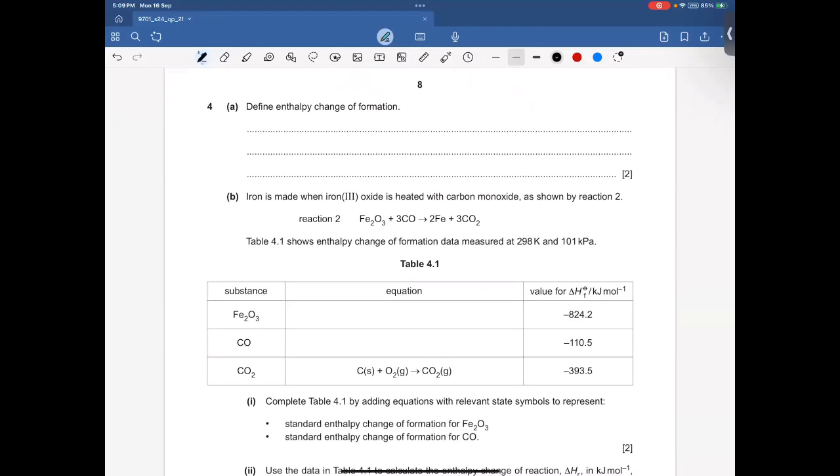Okay. Question number 4. Define enthalpy change of reaction. So enthalpy change of reaction is quite easy. We have done it.